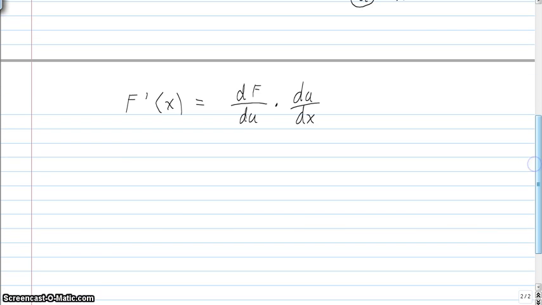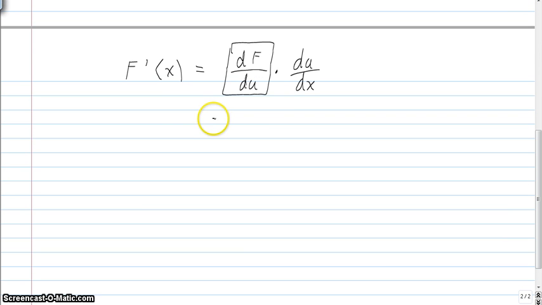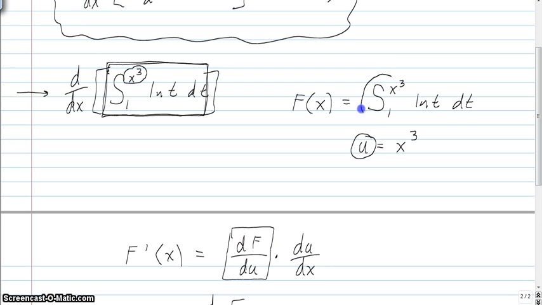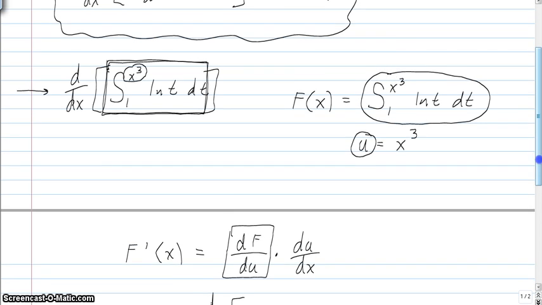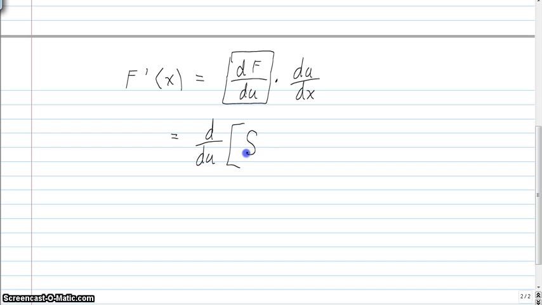To calculate this, I'm taking the derivative with respect to u of my outside function here, so that would be the integral, and I'm going to put in u instead of x cubed. And then multiplied by the derivative with respect to x of my function u, which is just x cubed.